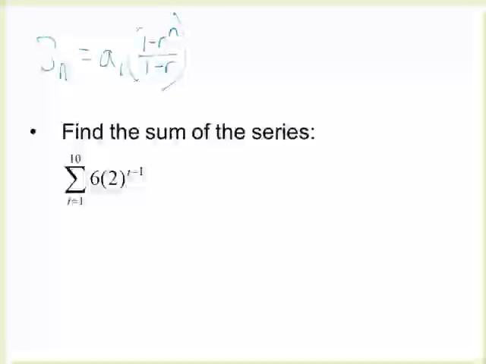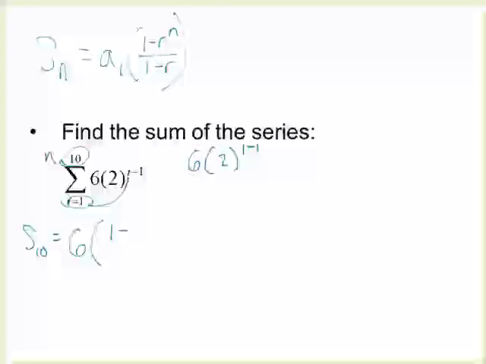What is n in this one? 10. So we're looking for the sum of the first 10 terms. A sub 1, how do I find that? Plug in the bottom. So 6 times 2 to the 1 minus 1 gives me 6 times 2 to the 0, or 6.